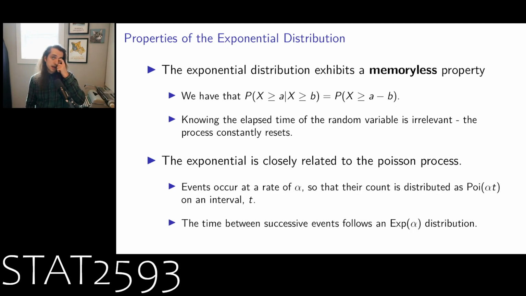If we consider how much time elapses between two successive events, that's going to follow an exponential alpha distribution. So if car accidents happen on this road at a rate of 1 per month or 1 per week or whatever else, then the time between any two car accidents is going to be distributed as an exponential distribution with the same rate parameter.